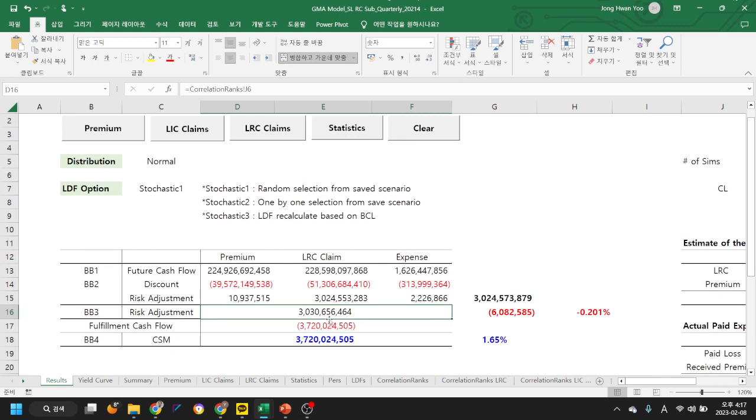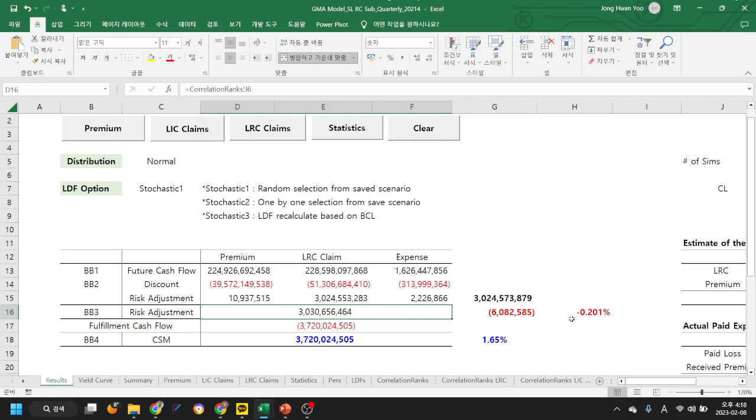And you can compare that one after applying the correlation ranks: 3.03 billion as opposed to 3.024 billion. That is only about a 6 million, 82,000 difference, equivalent to 0.21%, which is quite similar.